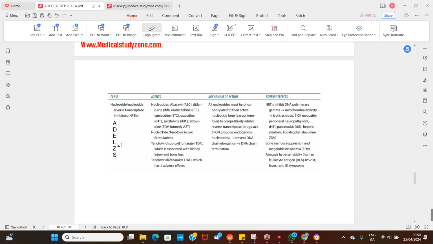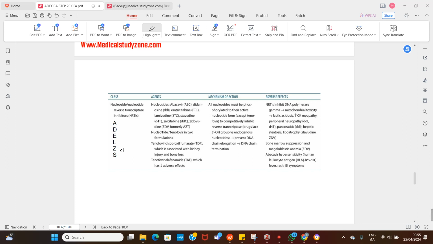Lamivudine, that's L. The Z is standing for 2. The first is zidovudine, and the second is zalcitabine. Actually, we might not really pay much attention to zalcitabine. It's not really frequently talked about. We talk about zidovudine. It's very popular because you use it for prophylaxis, particularly in pregnant women, as well as in the child that was delivered from a mother that has HIV.